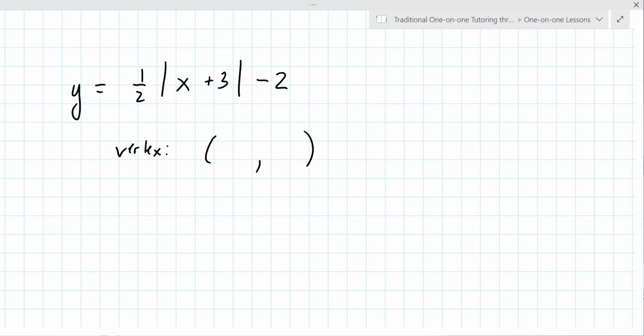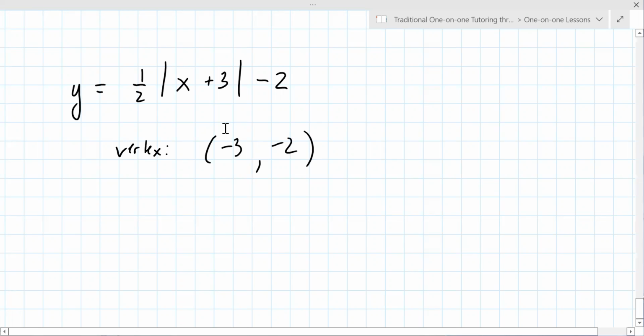So it'd be -3 and -2. Yes. -3, -2. Very good. And then what is the slope of the line? 1/2. Yeah.